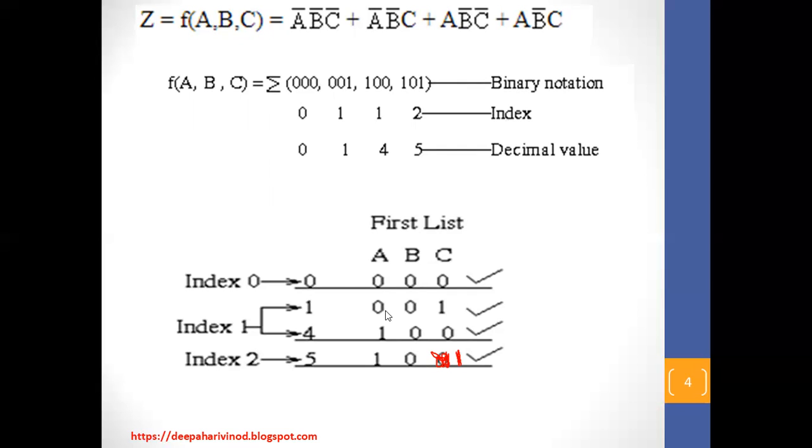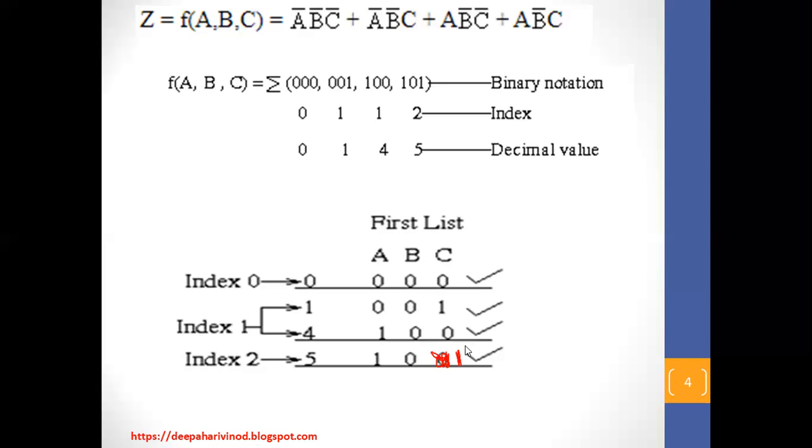Next, move on to index 2. In index 2, we have 1, 0, 1. So it comes in index 2. This is the first step. Once we get the question, identify the binaries corresponding to the combinations and find out the index depending upon the number of ones present in the binary combinations.